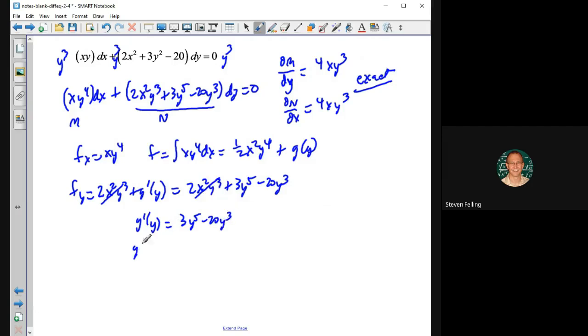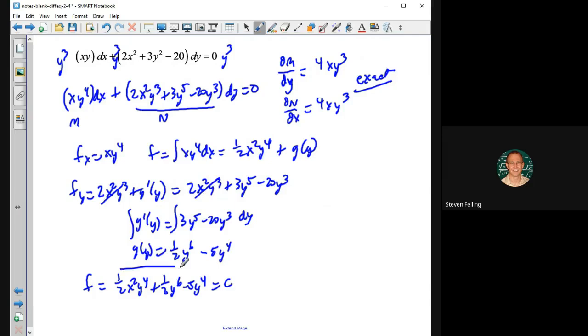So then if I find g by taking the antiderivative of this with respect to y, then I'm going to get 1/2 y to the 6th minus 5y to the 4th, right? Is that right? Yep. And so therefore, my f function is going to be what we had up here, 1/2 x squared y to the 4th plus the g function, which is 1/2 y to the 6th minus 5y to the 4th, equals a constant.